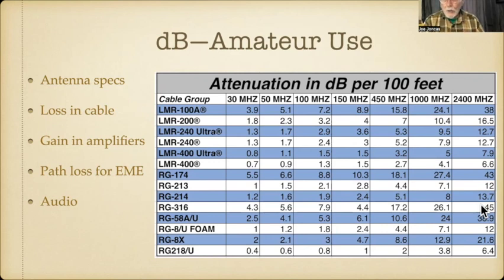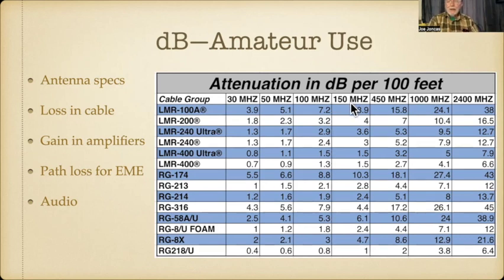Now, this is one other one, and this is one that you will need to learn to deal with. These are different kinds of coax. I've got a bunch of coax here that I'm going to show you in just a moment. But before we do, let's look at RG8 at 150 megahertz, which is real close to what we work at, 146, 147 megahertz for our repeaters.